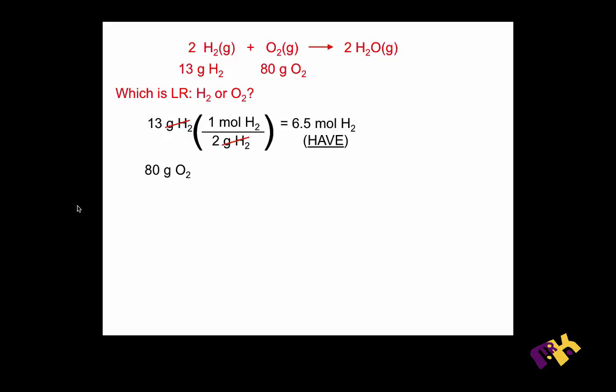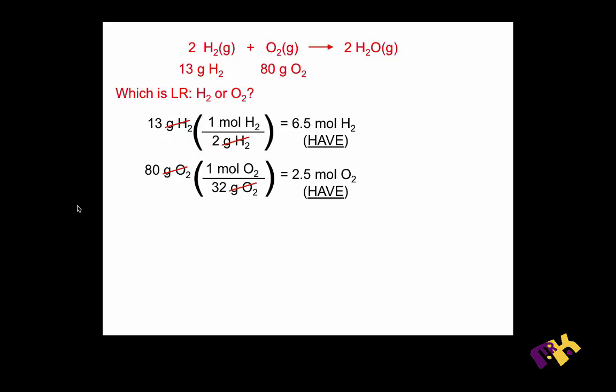All right, so we're going to compare that then to what we have in the moles of oxygen. Oxygen is O2, so it's 32 grams per mole, 16 times 2. We're going to divide that in and solve for the number of moles of oxygen. This one comes out to be 2.5 moles of oxygen.